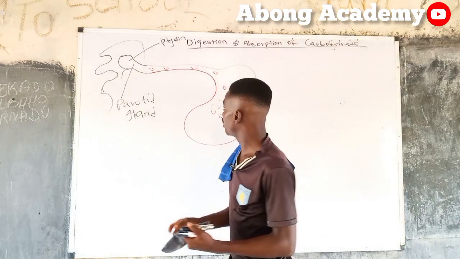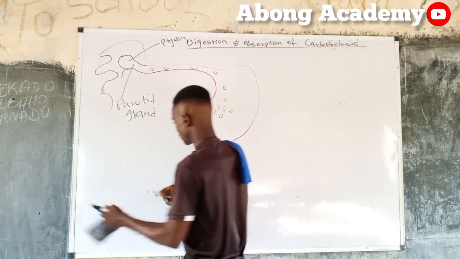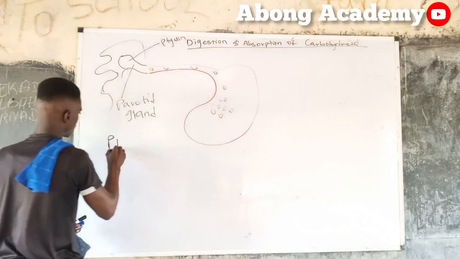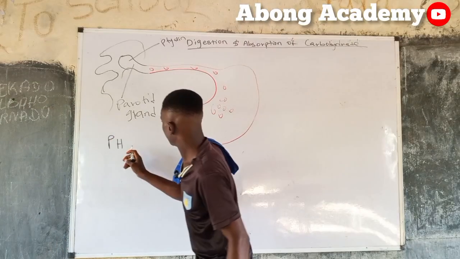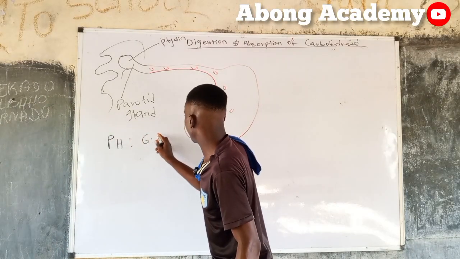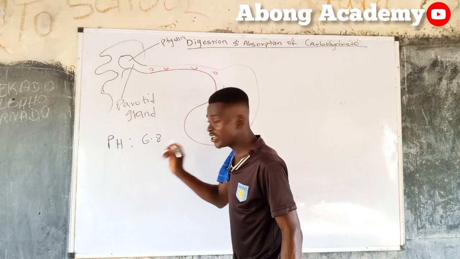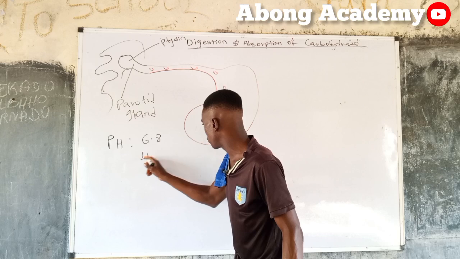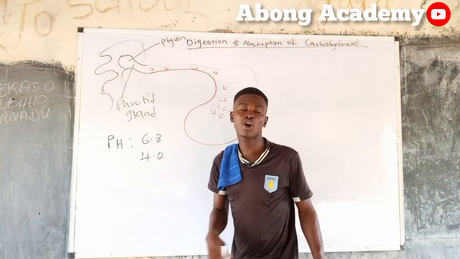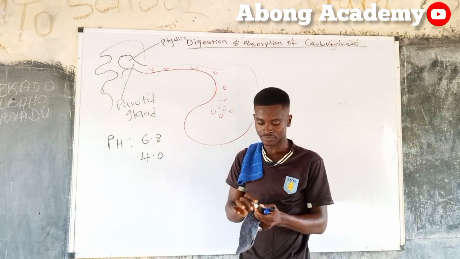The optimum pH of ptyalin is 6.8. If the pH is less than 4.0, it becomes inactive.